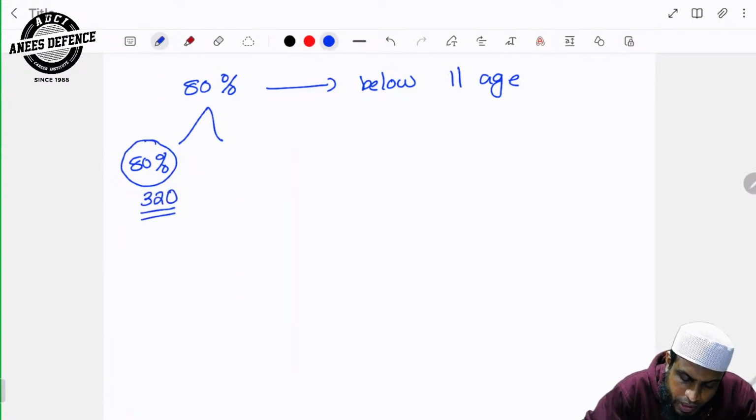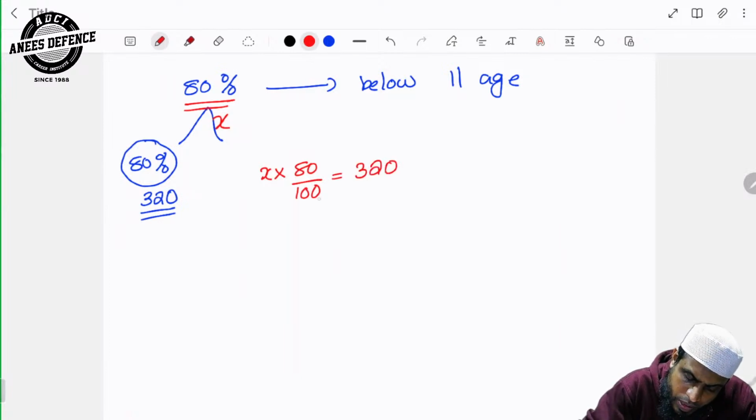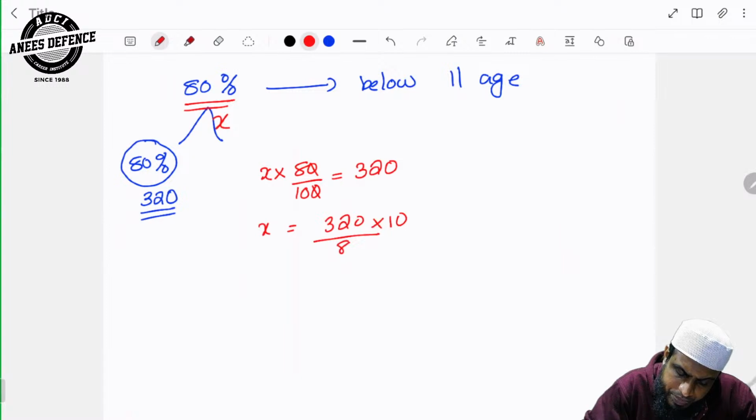So if the total students is X, then 80 percentage of X is actually 320. So here you can write X is equal to 320 by 8 into 10.